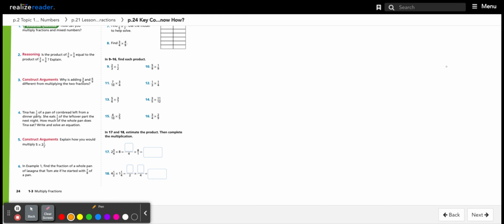Okay, next let's look at number 18. Number 18 is 4 1/2 times 1 1/4. So we have two mixed numbers here. We have to change these mixed numbers into improper fractions.